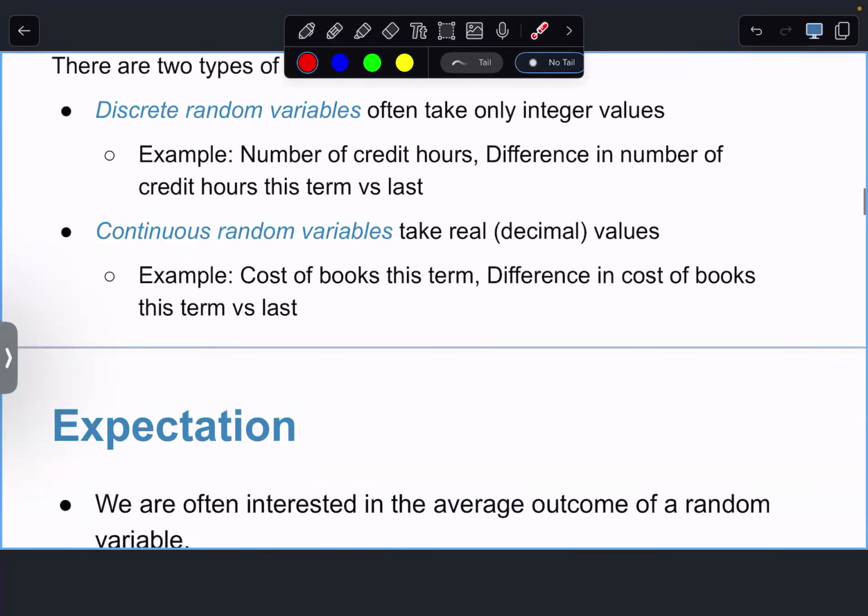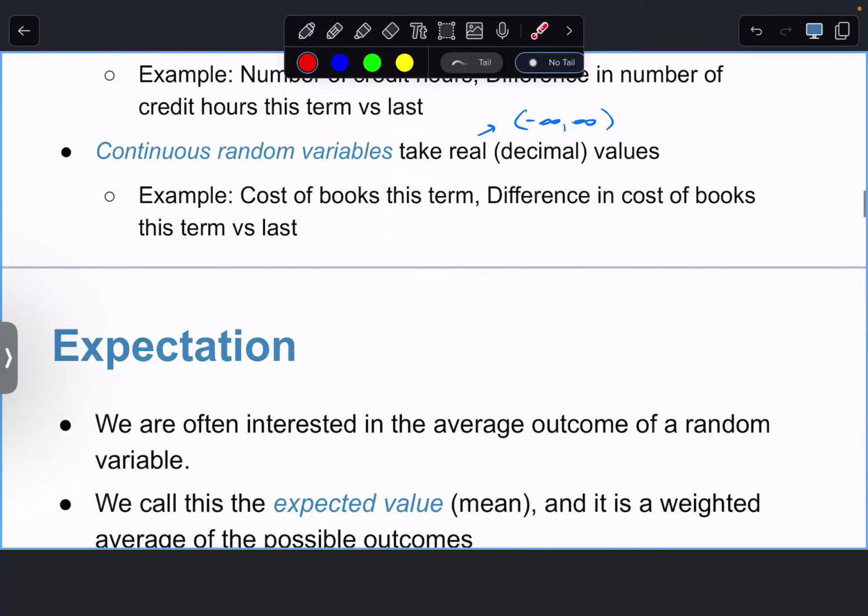Continuous random variables can take on any real value, so any value between negative infinity and infinity. The cost of books, or the difference in cost of books this term versus last, not very creative as an example.